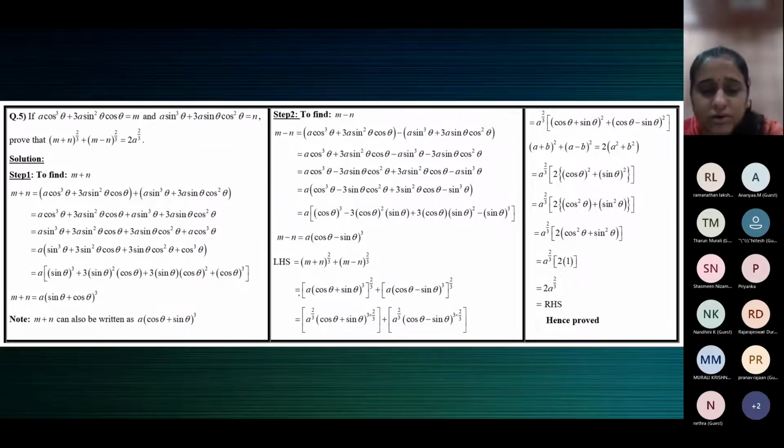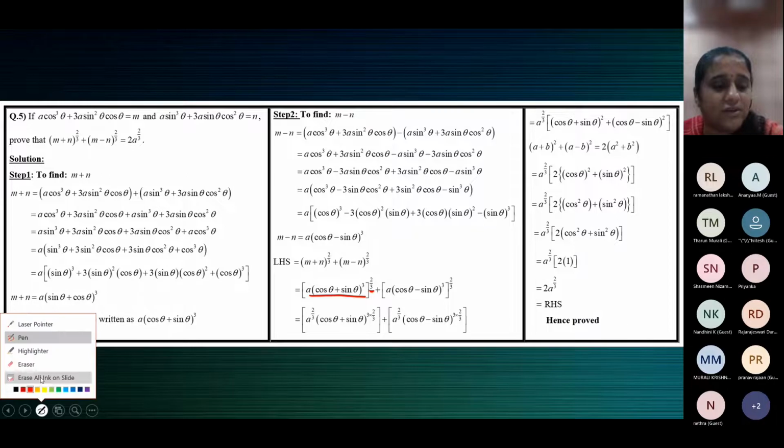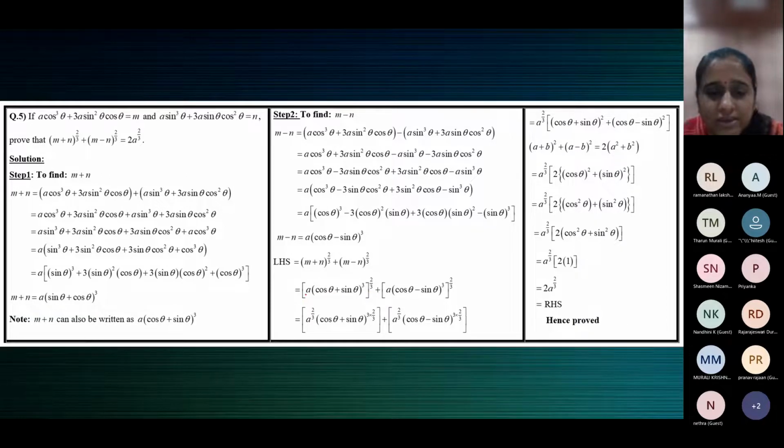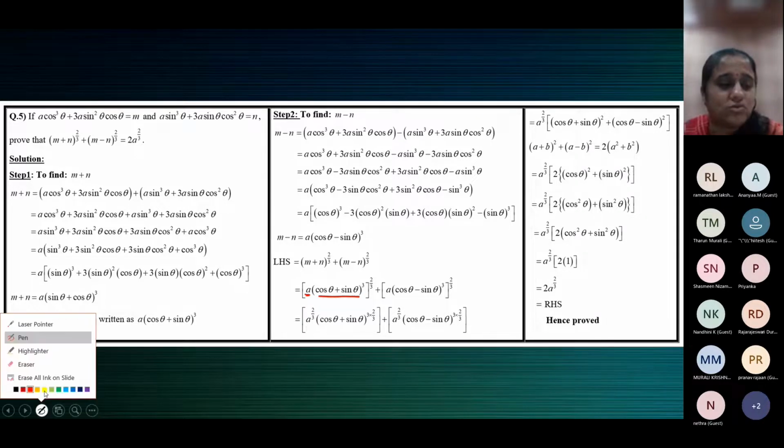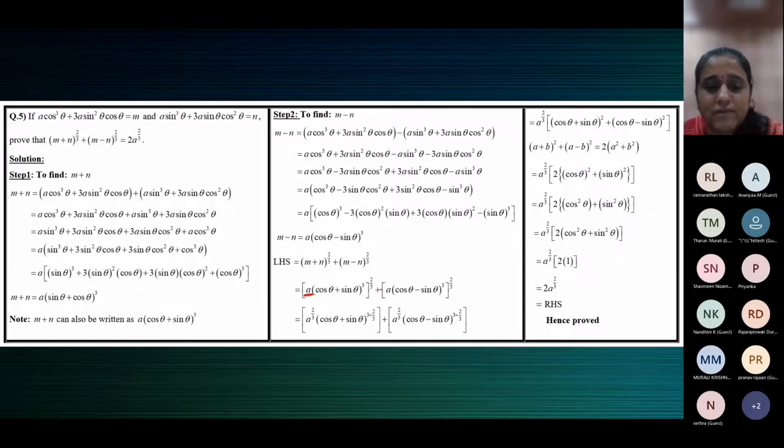So here also you can see this is m plus n to the power 2 by 3. So now you should apply the power 2 by 3 to all the terms inside the bracket. So there is a and this one, cos theta plus sin theta the whole cube. So apply the power 2 by 3 to both. So what will you get? A to the power 2 by 3 into this one. This one, it already has a power 3. So 3 into 2 by 3.